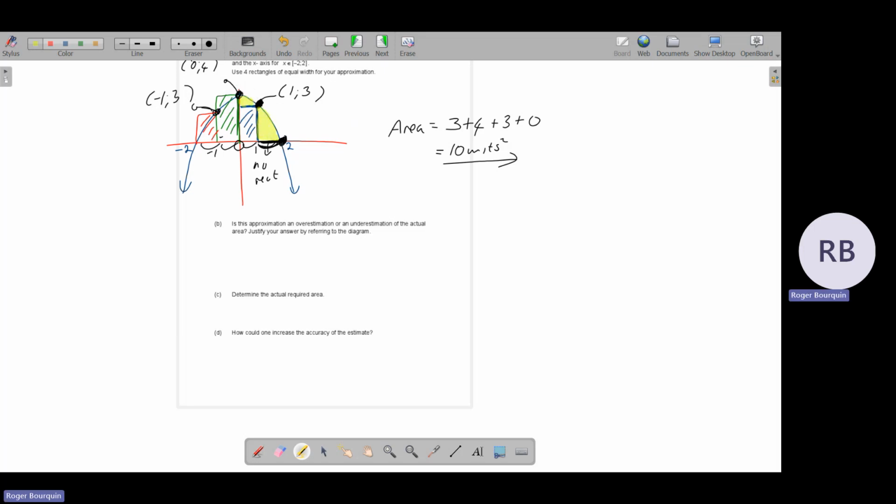The yellow is the underestimation, and the brown is overestimation. So it looks like the yellow area is bigger than the brown area. So I would think it's going to be an underestimation.